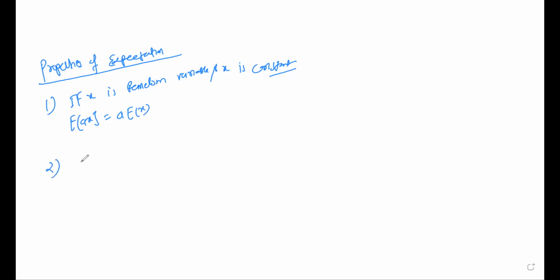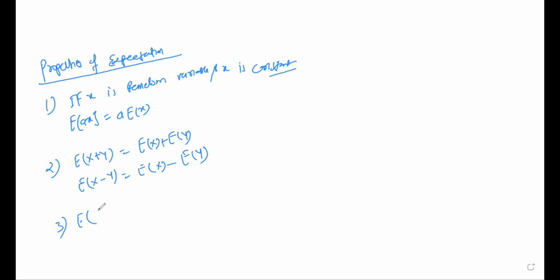Similarly, the second property is expectation of x plus y. If x and y are random variables, then we can split it: expectation of x plus expectation of y. And if they ask for expectation of x minus y, again you can split it: expectation of x minus expectation of y. But if they are in multiplication, we won't be able to split them.